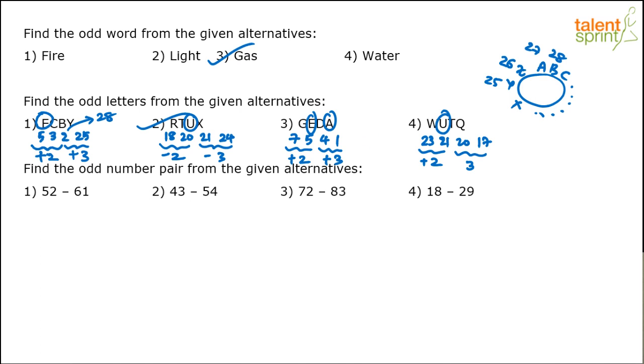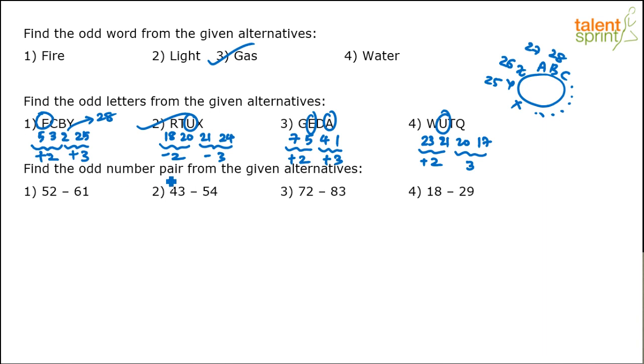And like I said, it again depends. These are perception based. It depends on what the examiner has thought about this one. If he has made option 3 as the answer because there are two vowels, then we are in trouble. But I would still go for option 2.